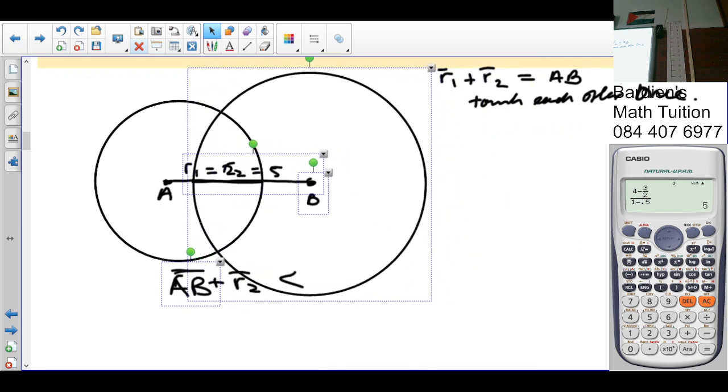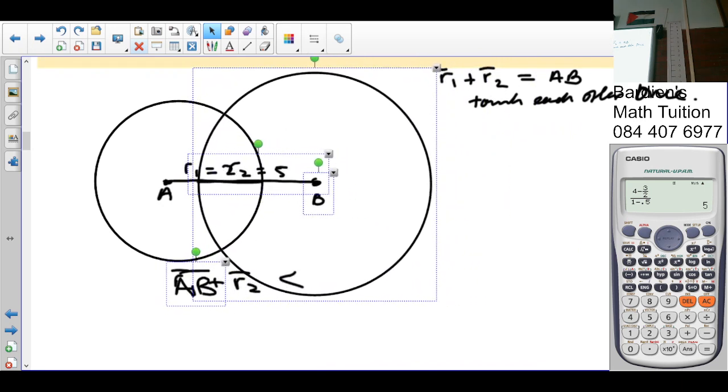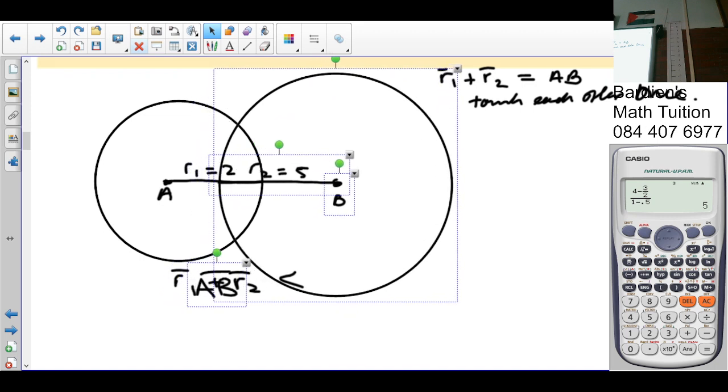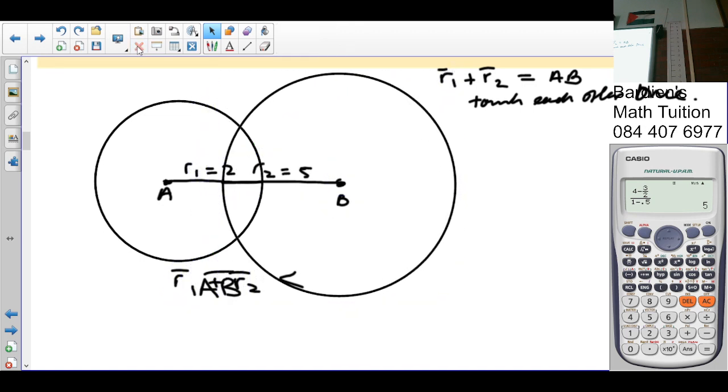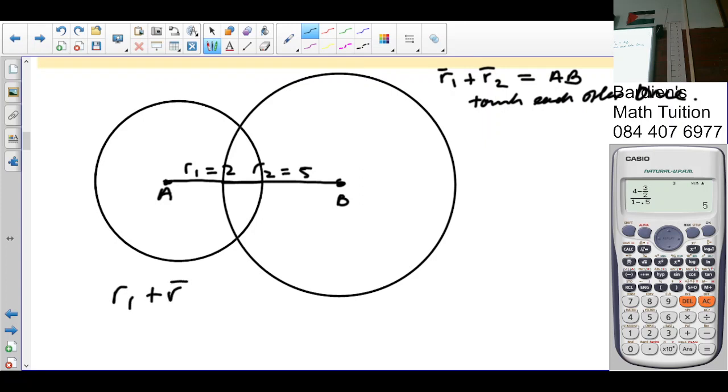What if that's the case? You've got radius 1 plus radius 2, and you've got the distance between the two centers.